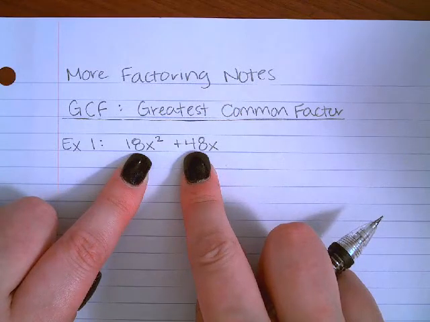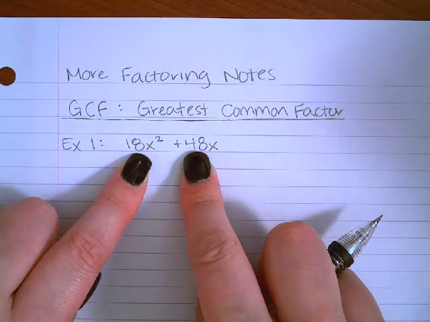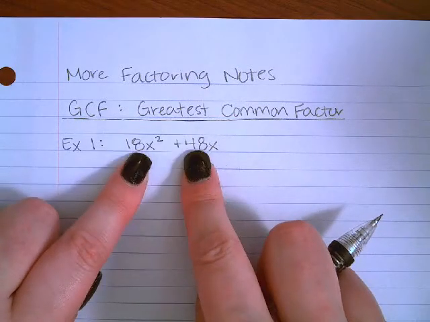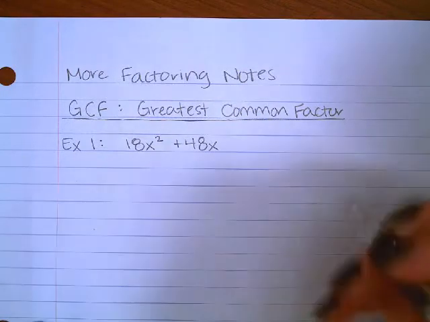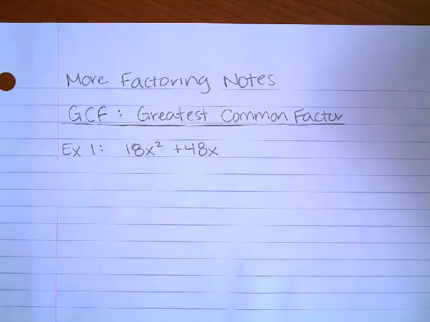So if I look at these, 18 is divisible by 2 and 3 and 6 and 9. 48 is divisible by a lot of those numbers. So I'm going to think about, does 48 divide by 9? No. Does 48 divide by 6? Yes. So that's the largest number that they have in common. So I'm going to go ahead and take a 6 and put that out in front.